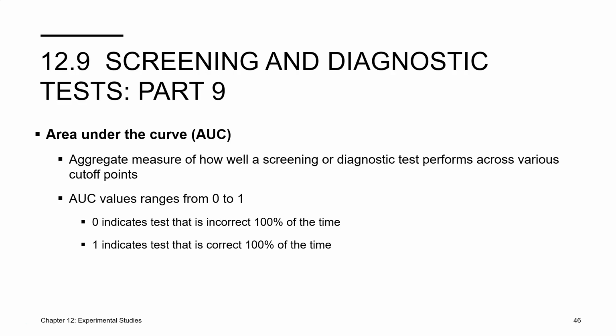This is an aggregate measure of how well a screening or diagnostic test performs across various cutoff points, and it ranges from 0 to 1. So 0 indicates the test is incorrect 100% of the time, and 1 indicates the test is correct 100% of the time. So you want to have this 0.6, 0.7, 0.8, 0.9 area under the curve, which is a more valid result.